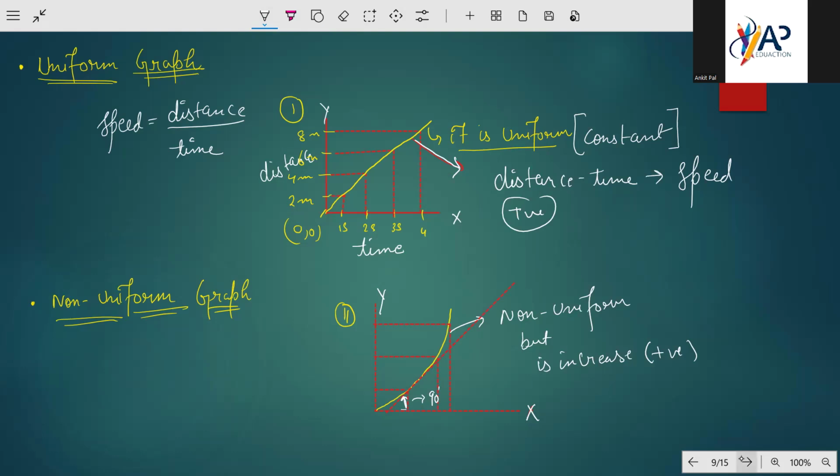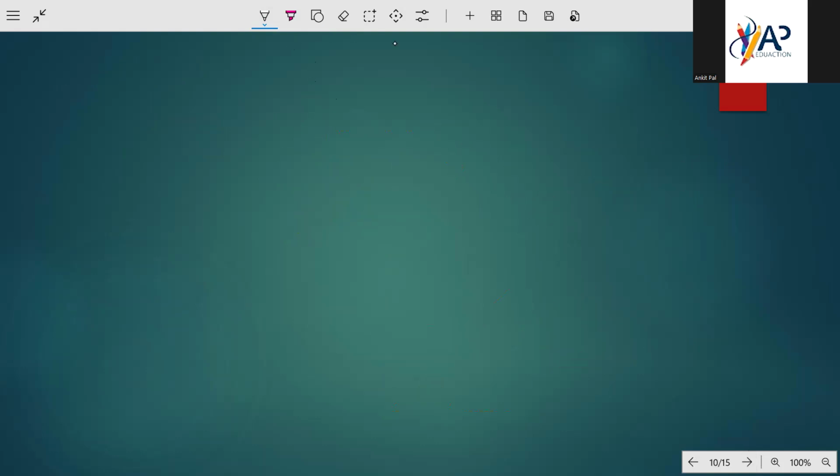Suppose we have to draw a negative graph of a uniform graph.